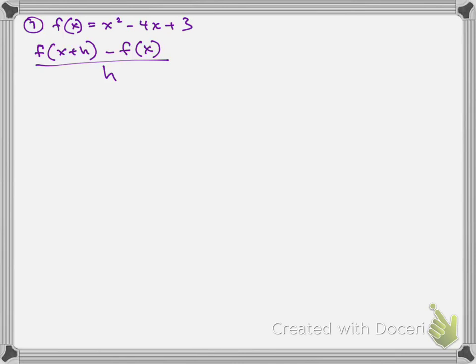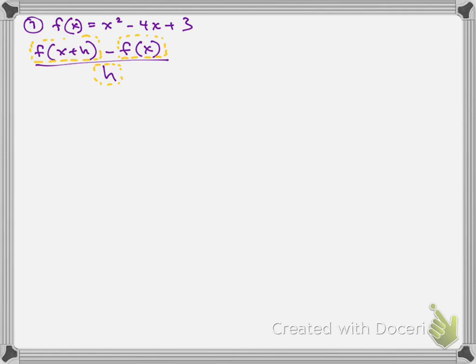We said yesterday that there are 3 parts of this thing. We've got f of x plus h to deal with, minus f of x, which we were given, and then h is the amount of change between the 2 points, x and x plus h.